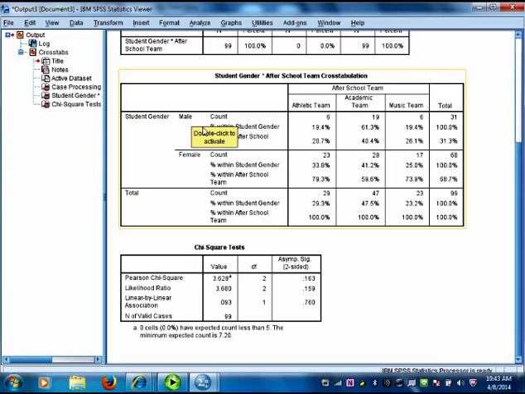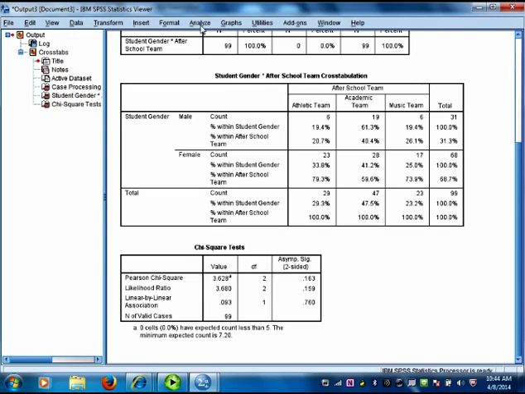Eventually, there is pretty much an even gender representation across all three different after-school extracurricular activities. So that means they are equal in terms of gender. There's no gender overrepresentation or underrepresentation in the after-school extracurricular activities.